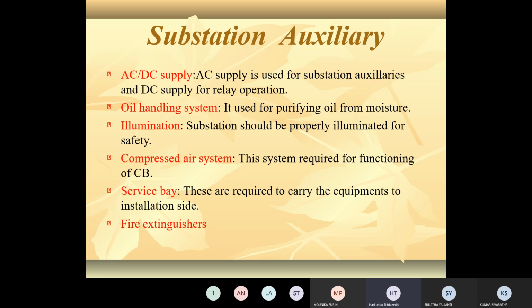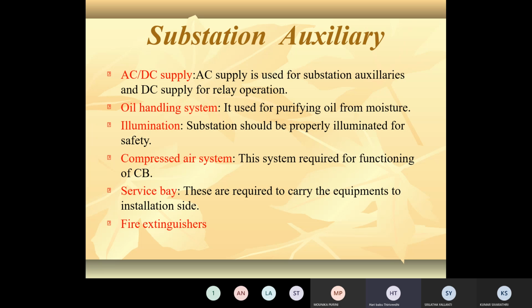The oil handling system is used for purifying the oil in the transformer. Why? Because the transformer oil evaporates due to continuous running of the transformer, and it may receive moisture from the atmosphere. So the oil handling system is used to remove that moisture from the oil. Illumination: a substation is always overhead, right?